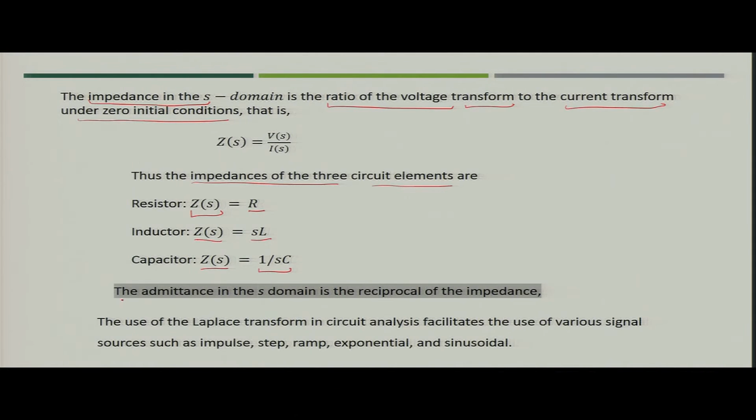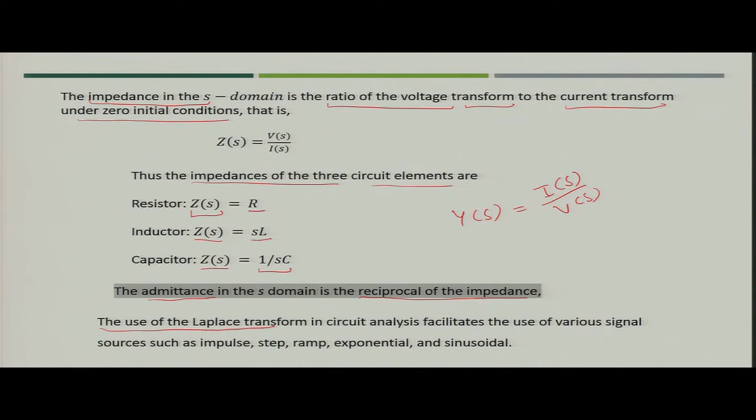Now, if you want to find out the admittance, admittance would be the reciprocal of the impedance. So, in case of Z(s), the admittance Y(s) will become I(s) by V(s), and similarly the values of conductance and the inverse of inductor and capacitor will also change.